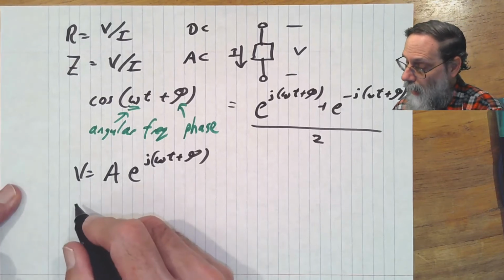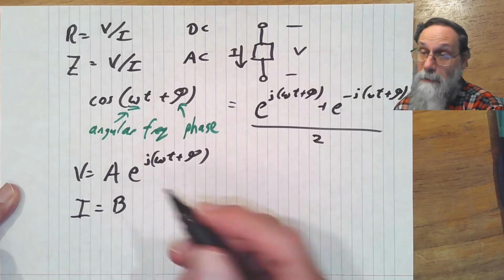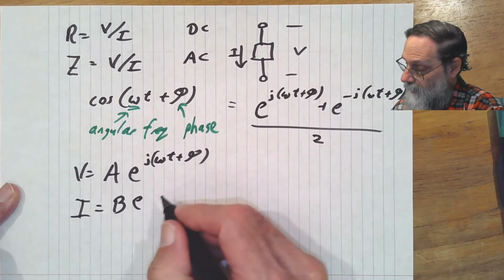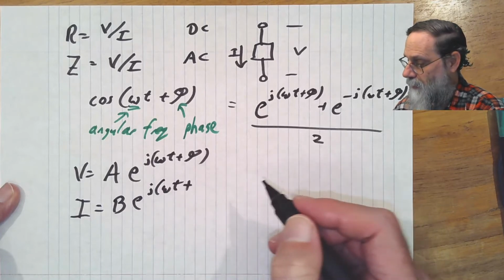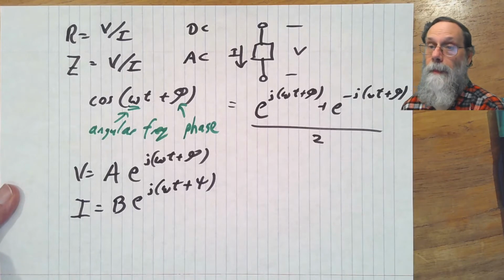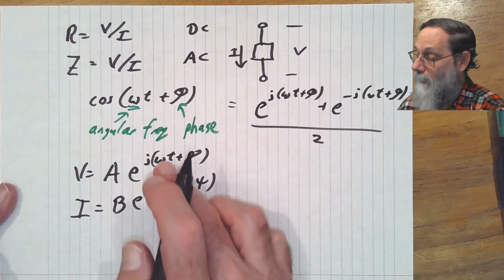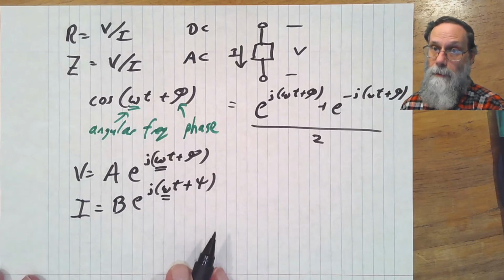And so the current I will be some amount b times e to the j (omega t plus some other phase, say c). The crucial thing is that they will have the same angular frequency.